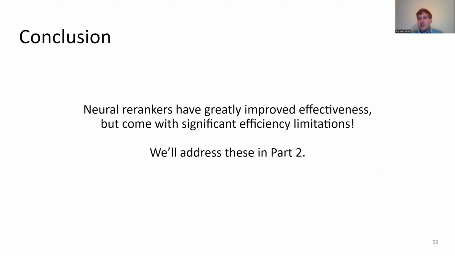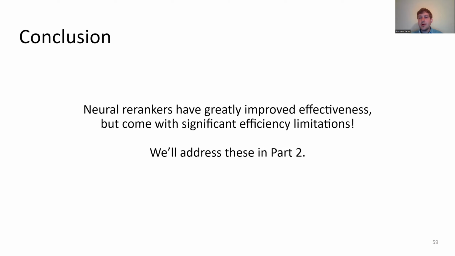So I think the takeaway for part 1 is that we've seen that neural re-rankers have greatly improved effectiveness. We've seen, compared to the state-of-the-art BM25 unsupervised method, really big increases in the metrics across data sets and across query types. But as I just hopefully convinced you of, there are big efficiency problems.